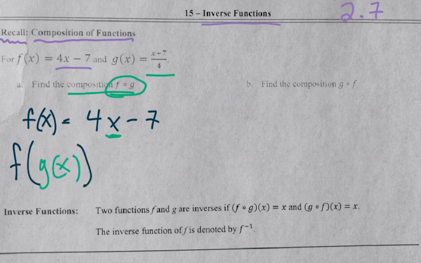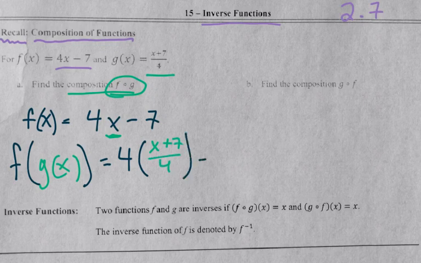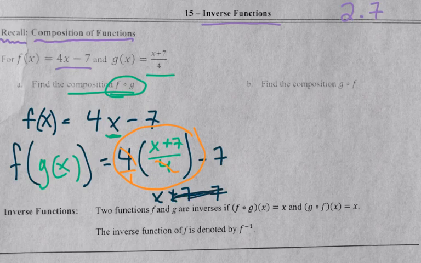So we will end up getting 4 times (x plus 7 divided by 4) minus 7. And hopefully we see here that when I multiply this, 4 times something over 4, you can imagine that's 4 over 1, and those 4s cancel.